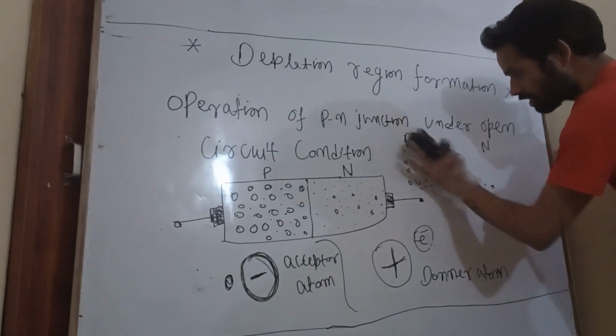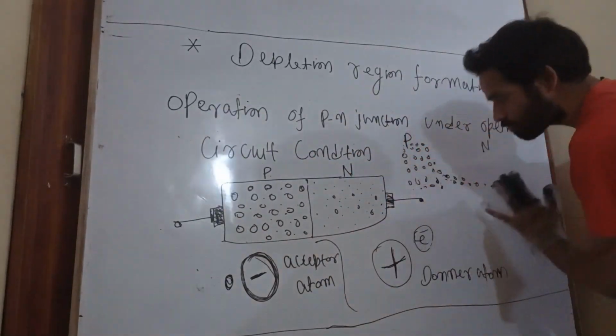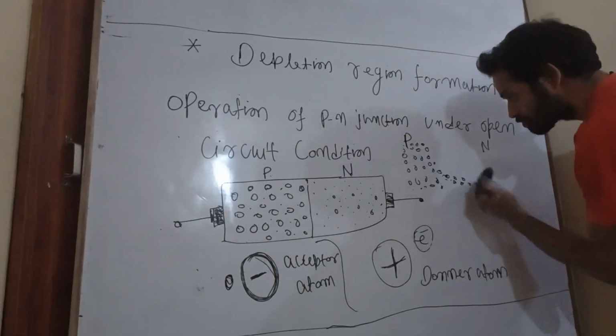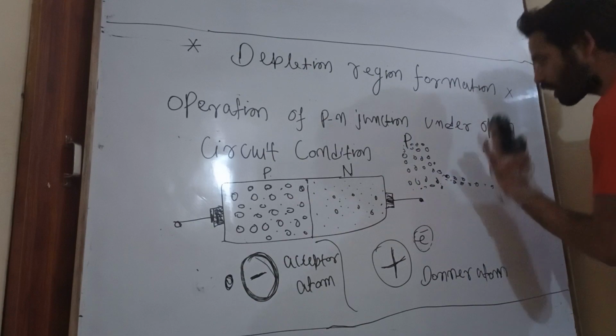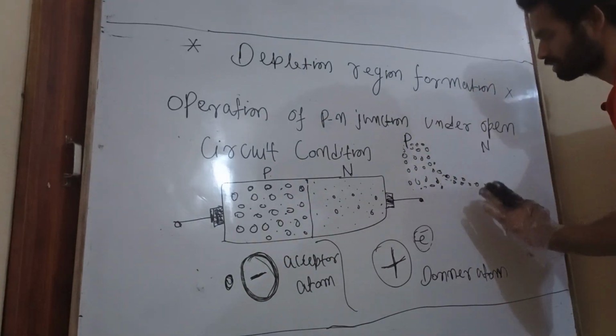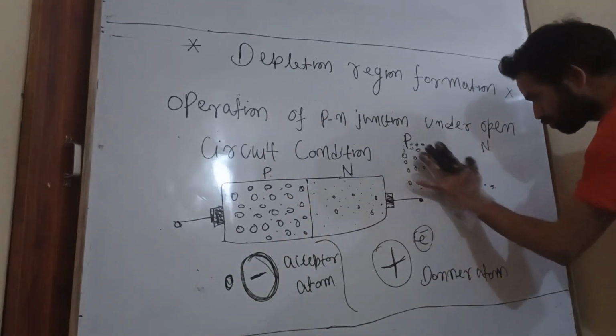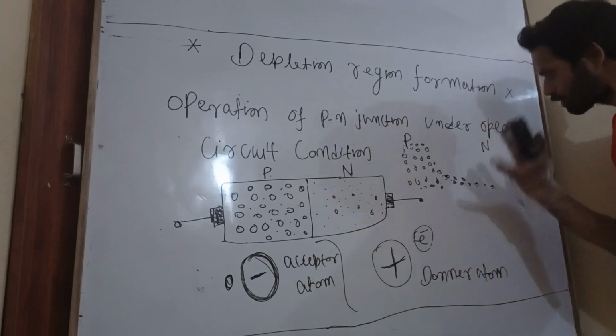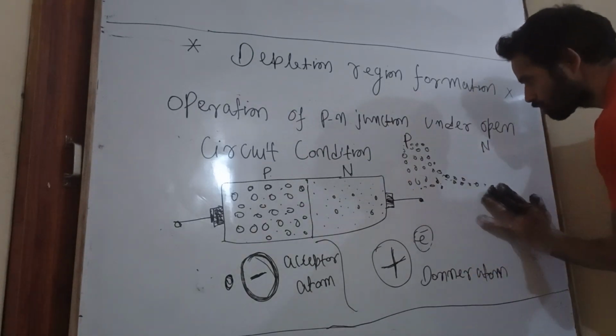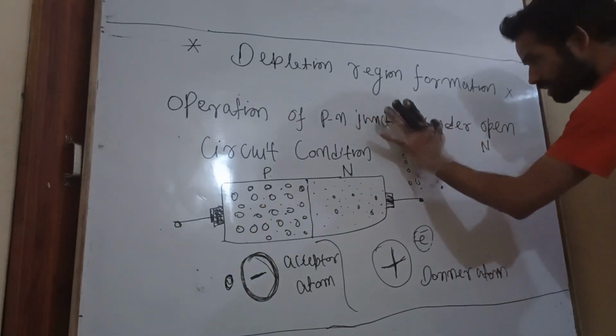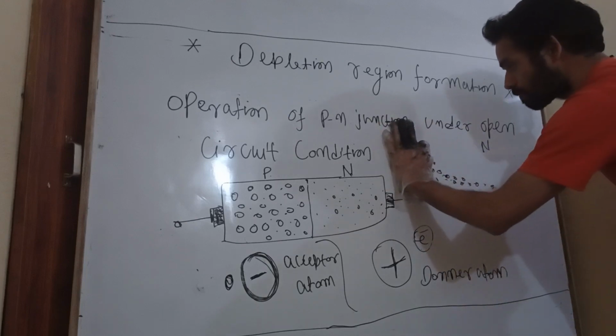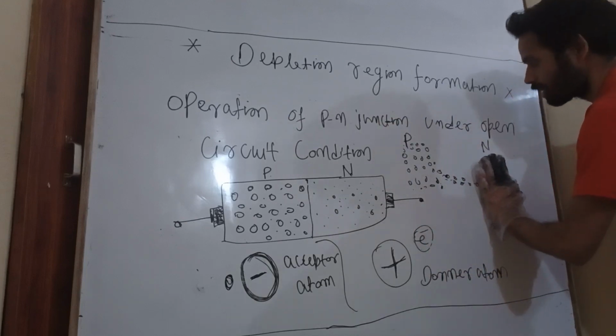Wherever there is a difference in concentration, there is a migration of charge carriers from one region to the other. These charge carriers will flow, diffusing from higher concentration to lower concentration.